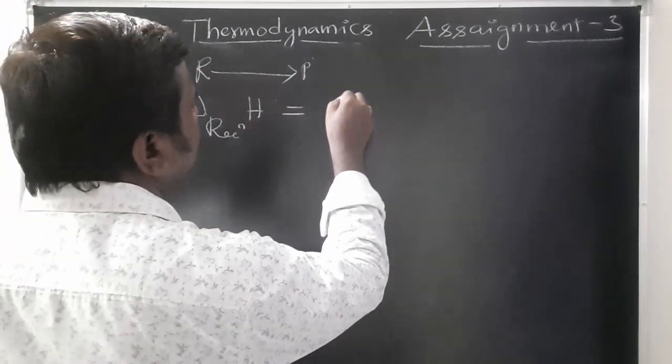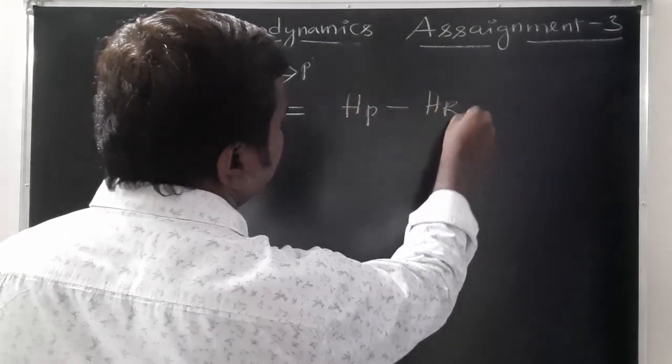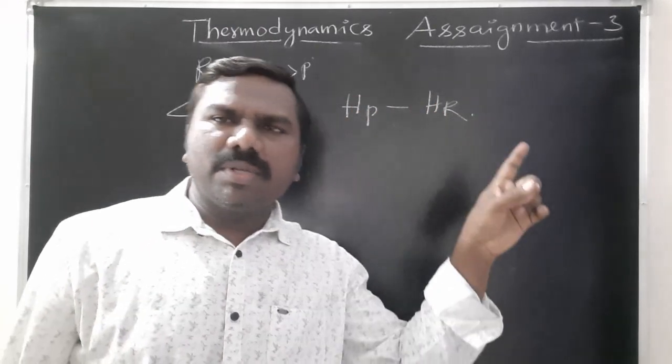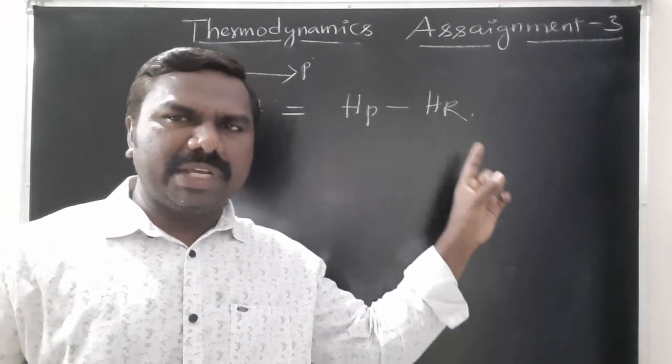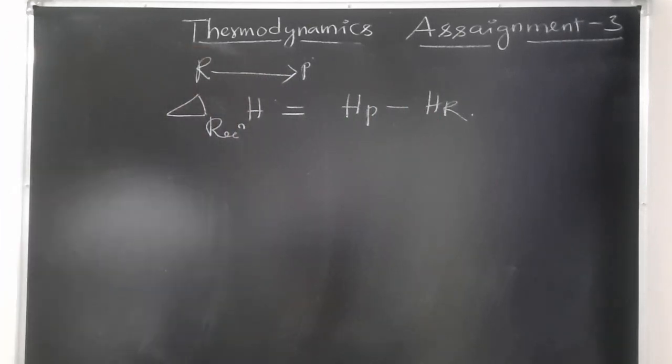It is equal to the sum of the enthalpies of products minus the enthalpies of reactants. It means product heat content minus reactant heat content, that is the enthalpy of a reaction.